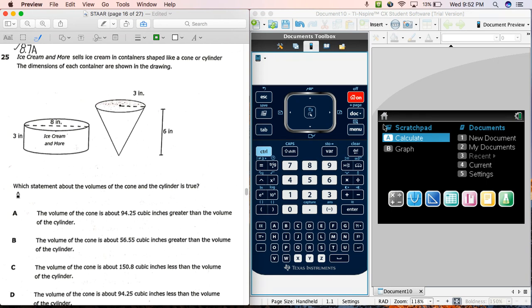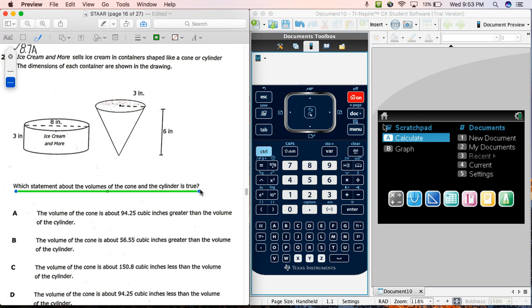Okay, so what it wants me to do is find which statement about each figure is true. So to do this, guys, I'm going to solve for the volume of each prism. I have a cone and I have a cylinder.